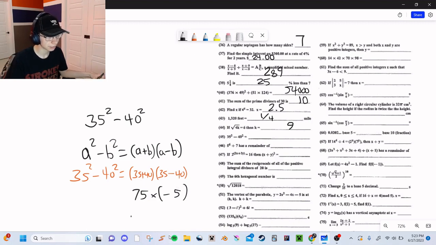And that's just going to be a negative 375. And that's my answer. Let's do another example question with difference of squares, because this is a very important trick to know.